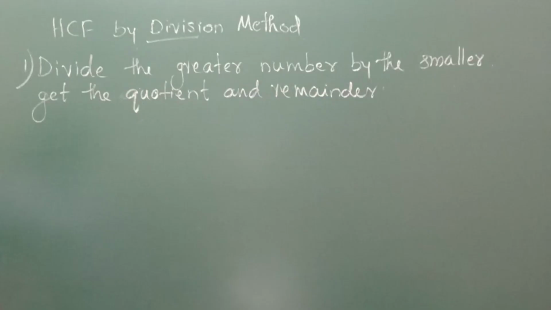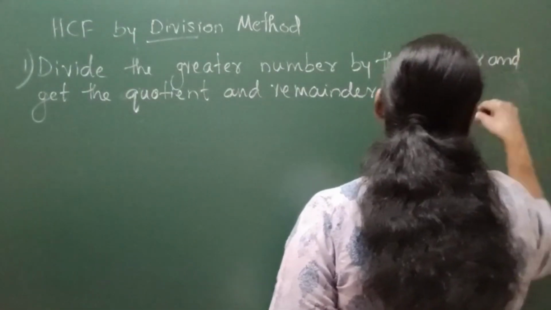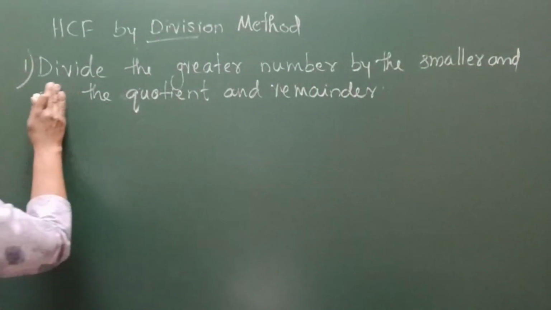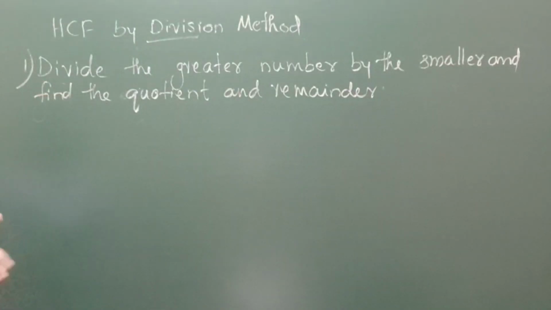What is that? Divide the greater number by the smaller number and find the quotient and remainder.